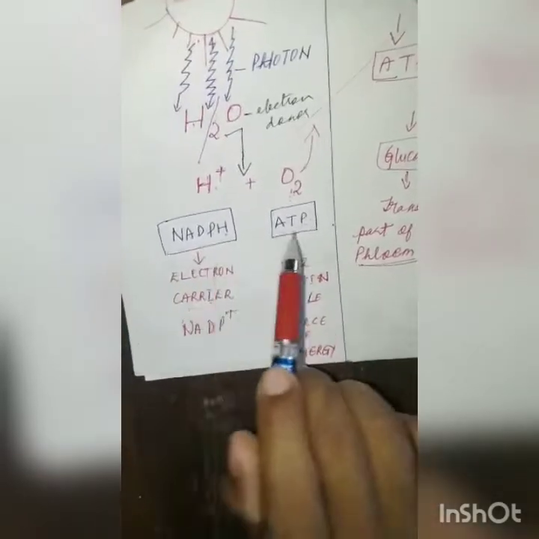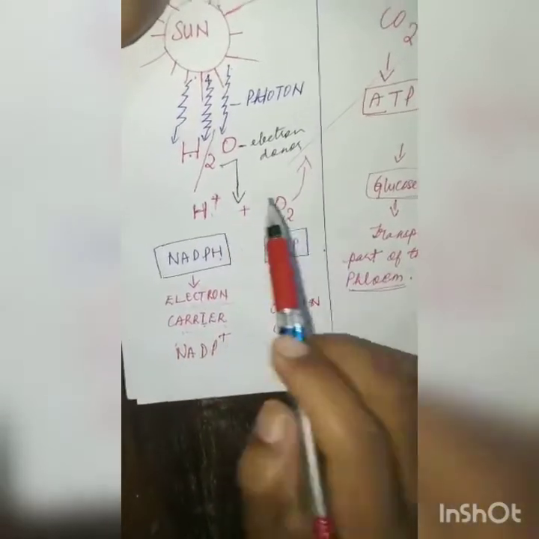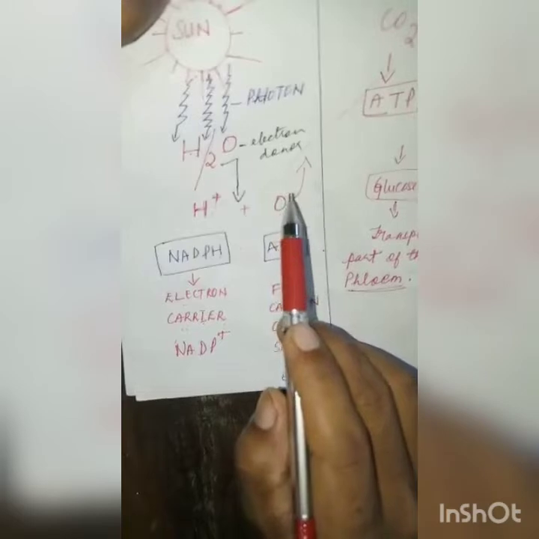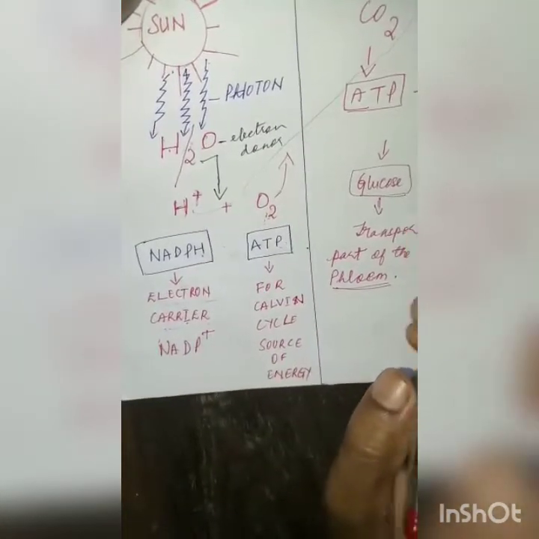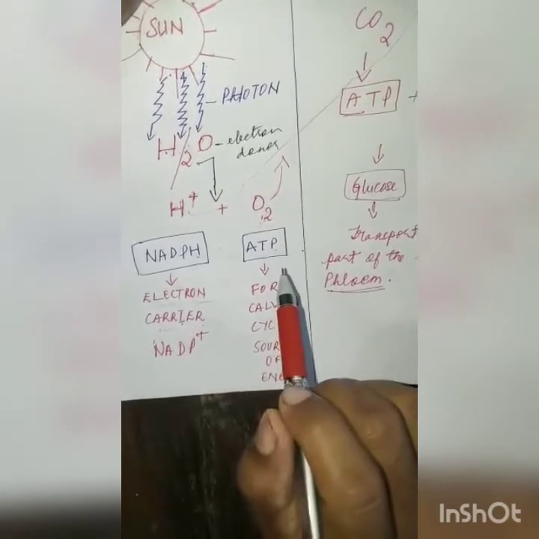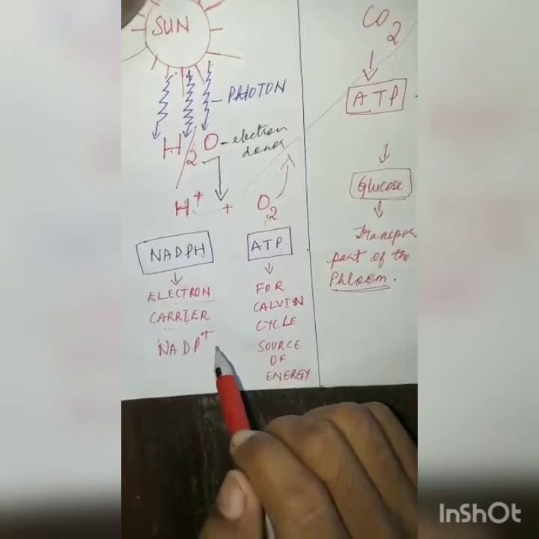So why do we need this? Because we have to carry this electron charge. Water acts as an electron donor, so that electron needs to be transferred into the dark reaction. That's why we need NADPH to carry that electron.